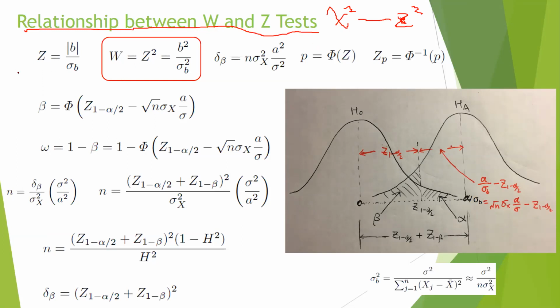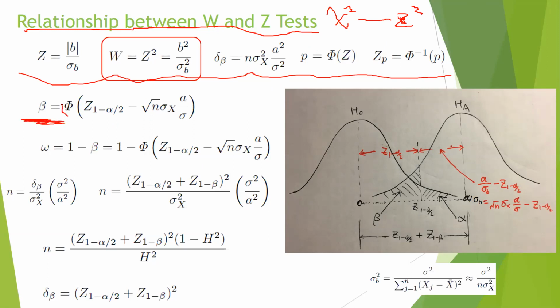All right, so this is the same here. Since the chi-square distribution is tightly associated with the normal distribution, we can use the normal distribution to help us with the power calculation for the chi-square distribution. This shows the beta, the type 2 error.